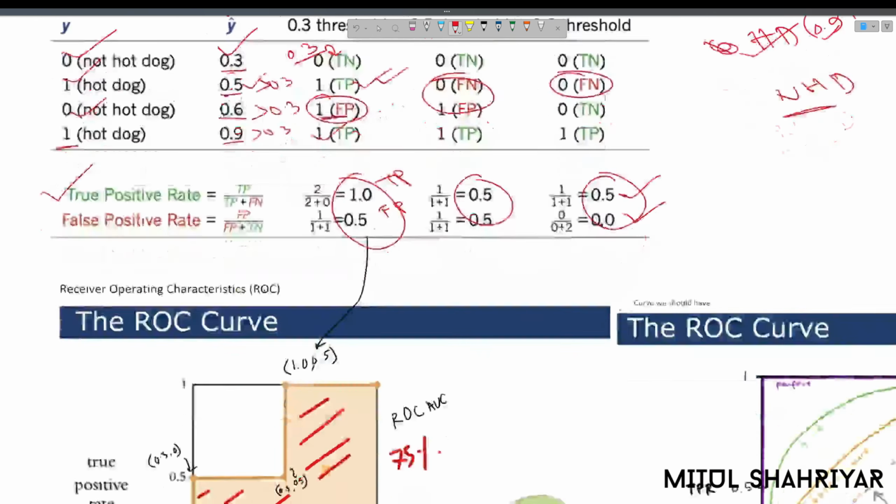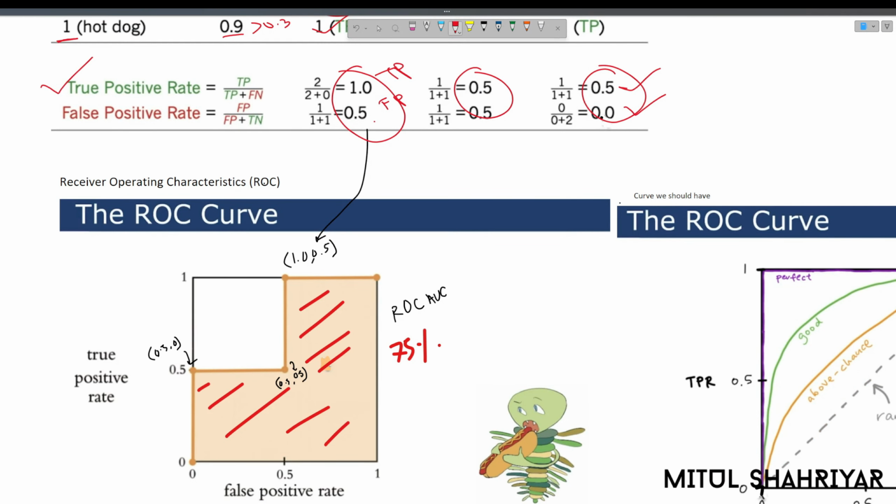Now the interesting part comes up. Using these points, we have false positive and true positive, so we just plot them. With false positive 0.5 and true positive 1, here is the 1 for this one, and here we have 0.5, 0.5.